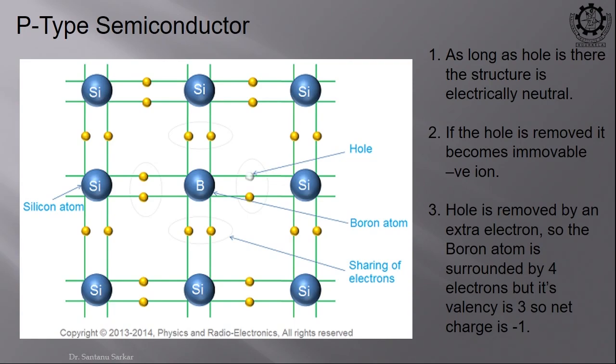So, I hope you all can remember the p type semiconductor. In silicon we have a valency of 4, right. So, when we dope with a trivalent material having valency 3, one hole is created because all the adjacent atoms are silicon. To be neutral, the outermost orbit needs 8 electrons, right.